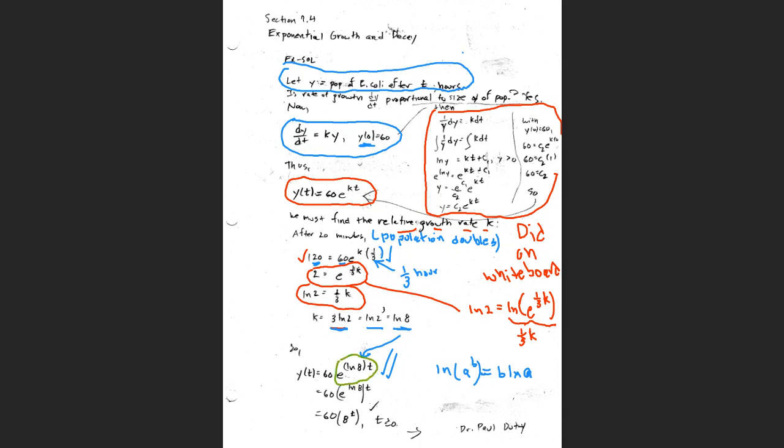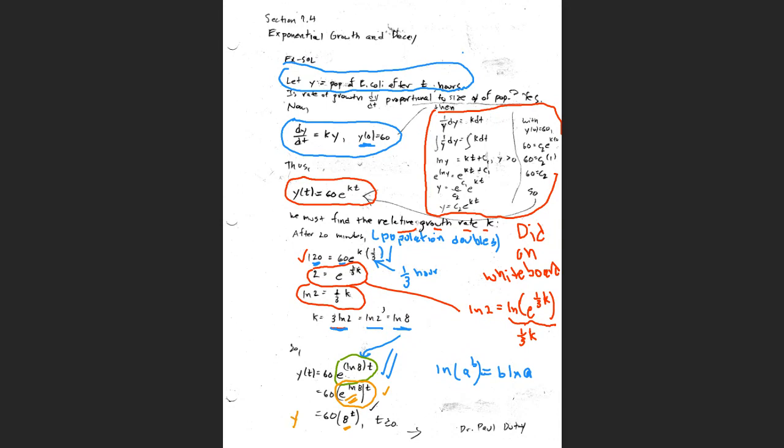But I could rewrite that as e to the power log of 8, in parentheses, times t. It's the same thing because you're multiplying the exponents. But e to the log of 8 is just 8. So we get 60 times 8 to the tth power.